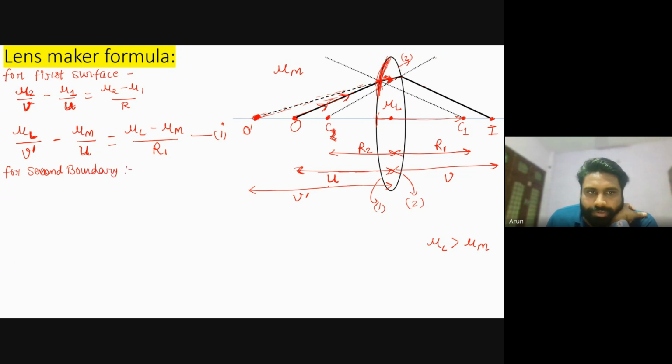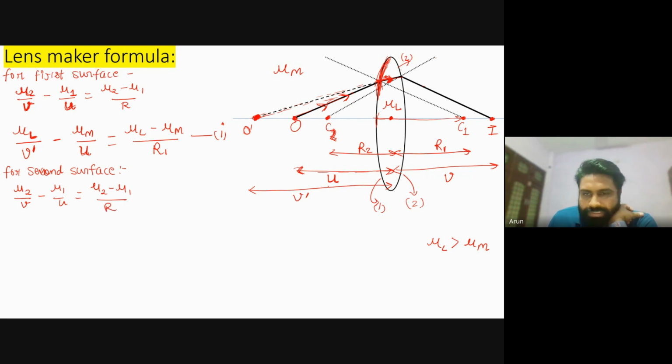For the second boundary or second surface, you can say. Let me write it as second surface. For the second surface, again we are going to apply this formula: mu2 by v minus mu1 by u equals to mu2 minus mu1 by r.